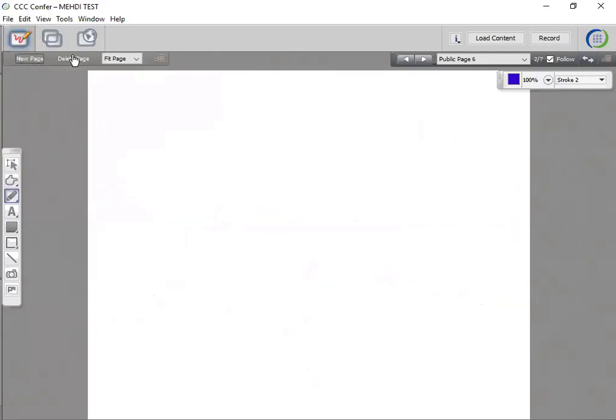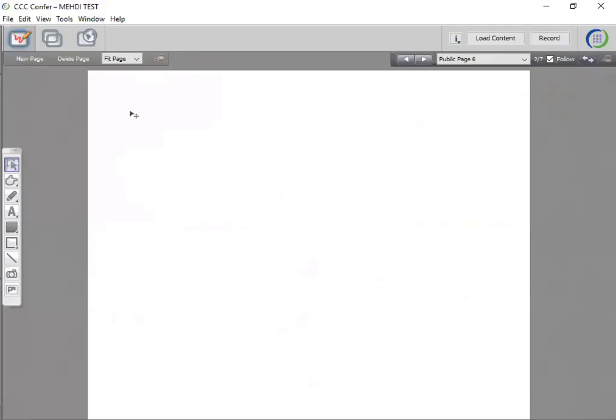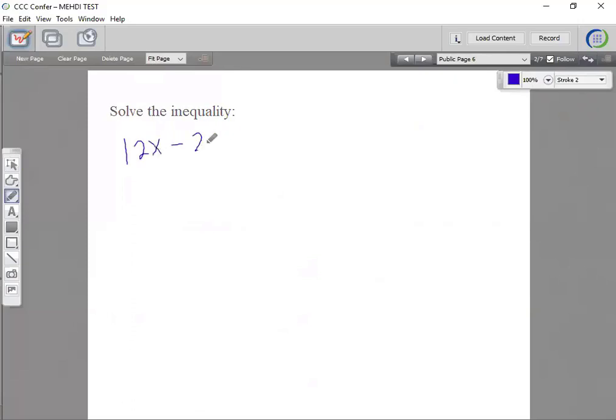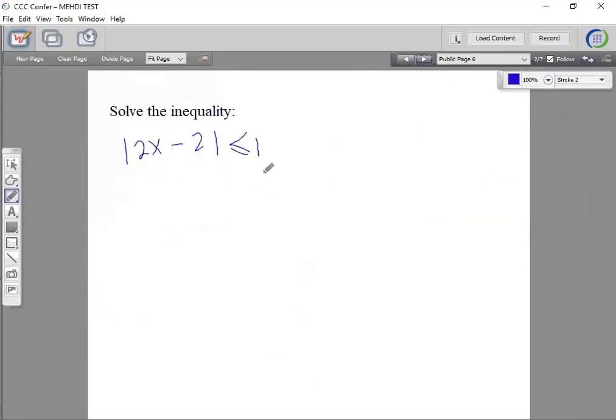So still going to say solve the inequality, but I'm going to change this slightly to a different inequality. I just want to make it less than instead of greater than. Before it was greater than, now I'm going to say is less than. How would that affect everything?